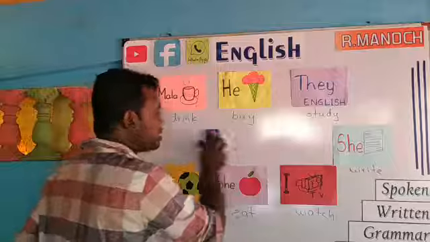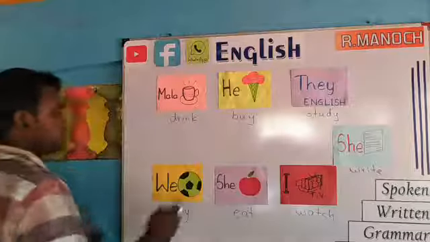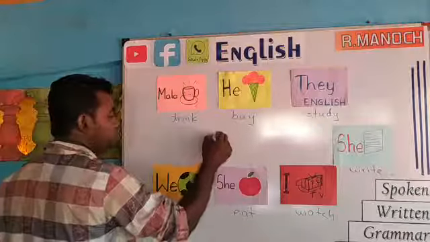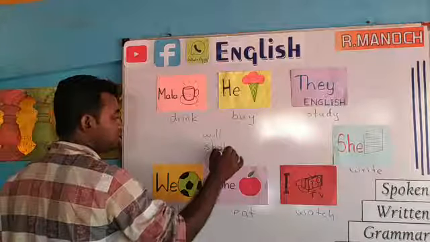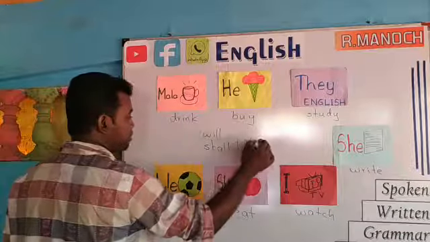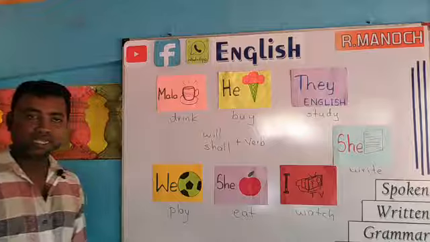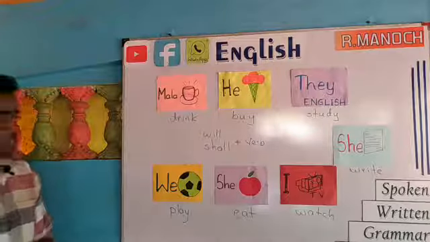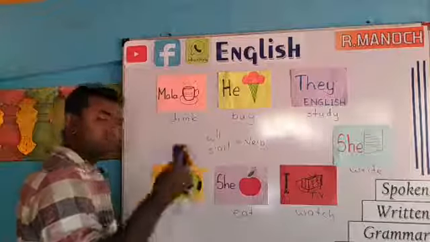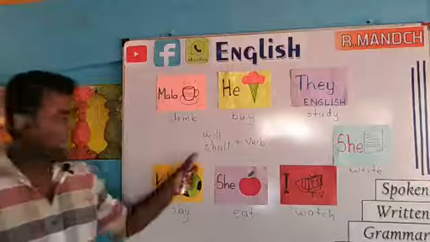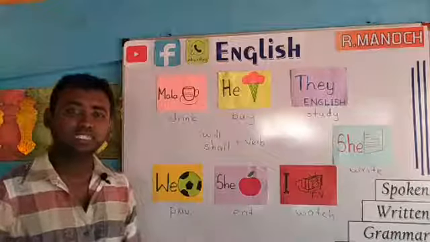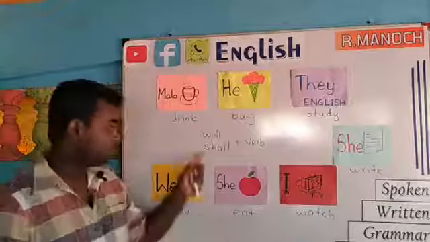The structure of simple future tense is will or shall plus verb. But mostly for I and we use shall, and for the others we use will.